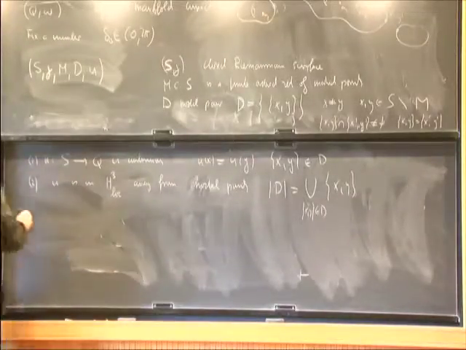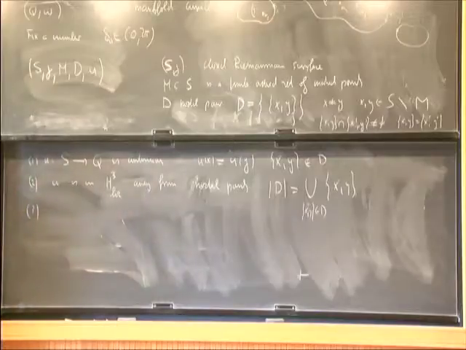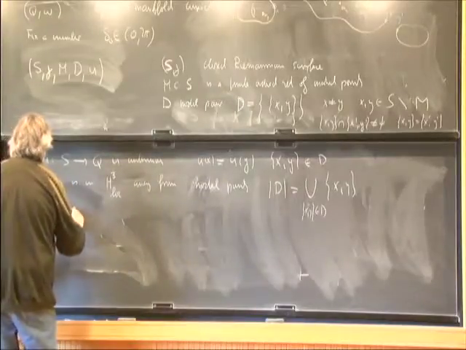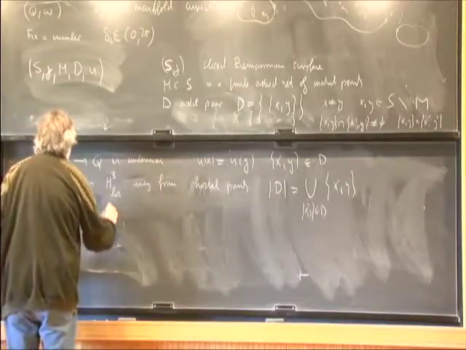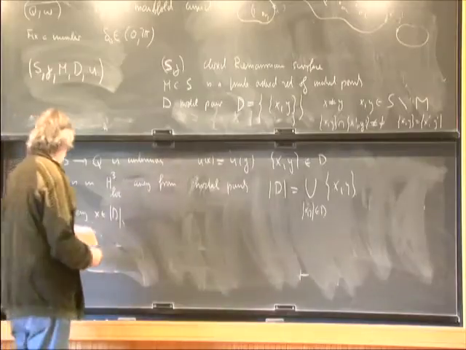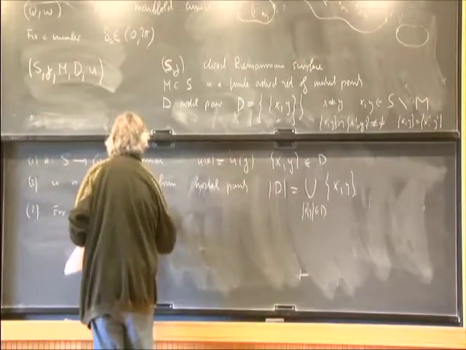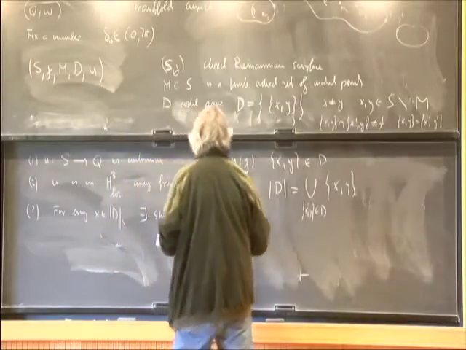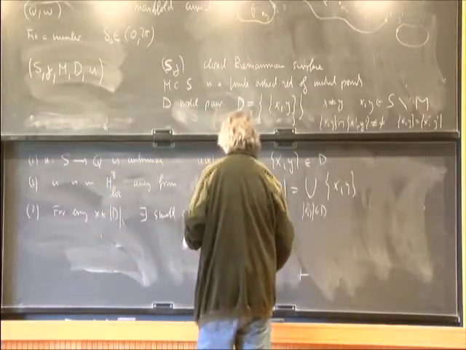And now I have to say what it does near the nodal points. So near the nodal points, for every x a nodal point, there exists a smooth chart psi.